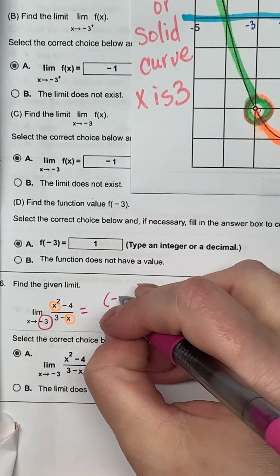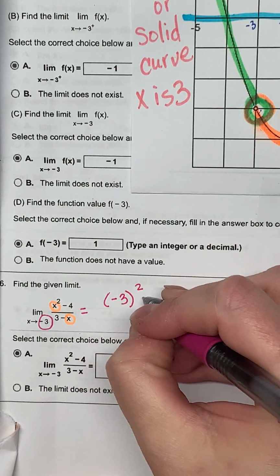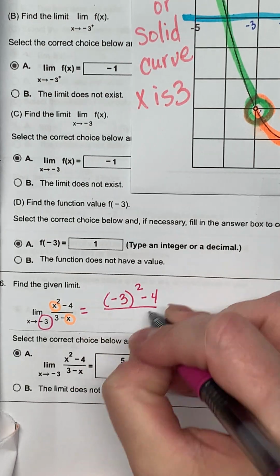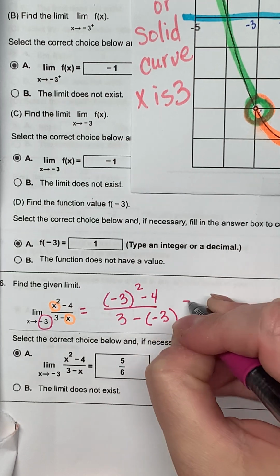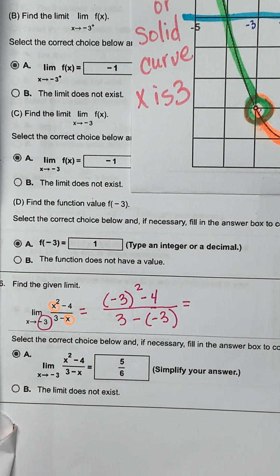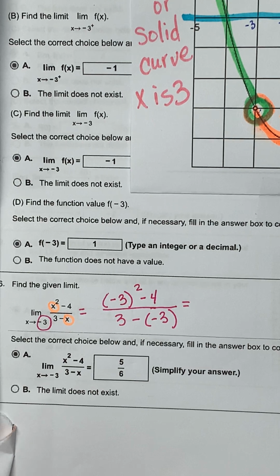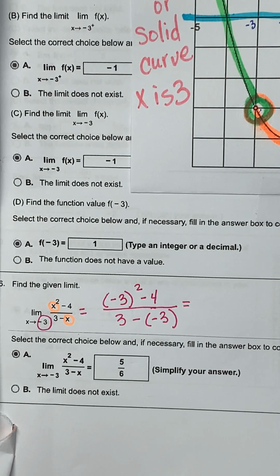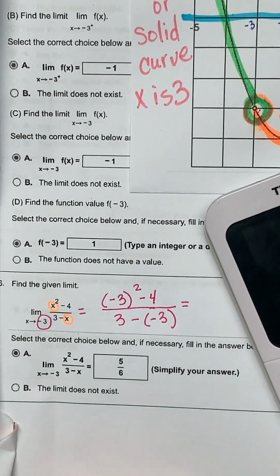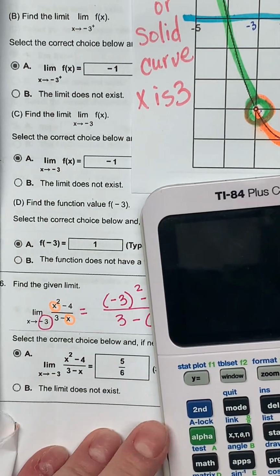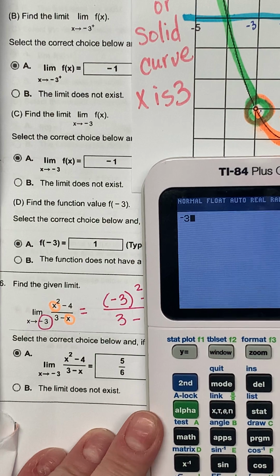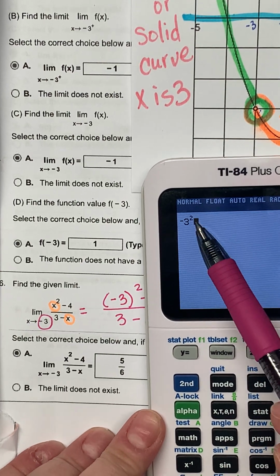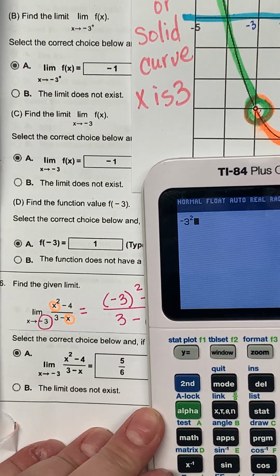So parentheses -3, close parentheses squared minus 4, all over 3 minus parentheses -3. And if you don't put parentheses, you might get it wrong because the calculator doesn't know that you're squaring -3. So if you were to put just -3 squared like this, it's going to give you the wrong number.